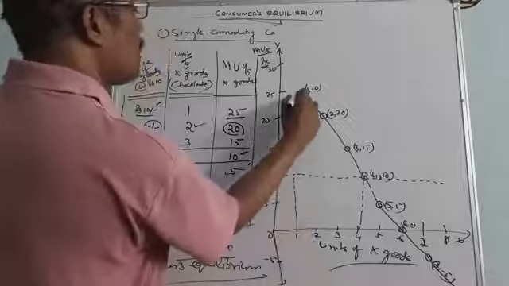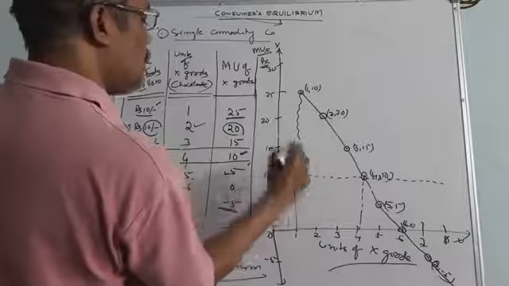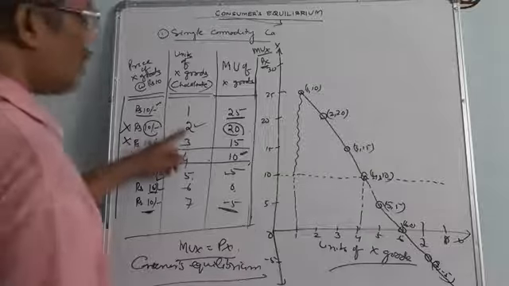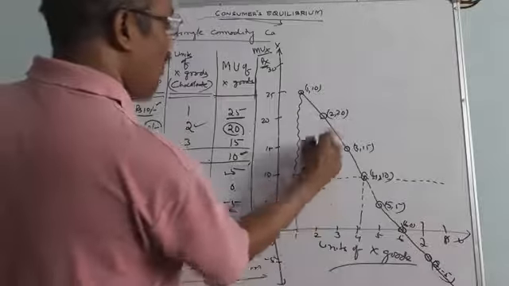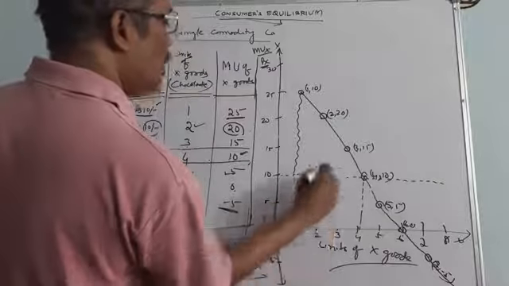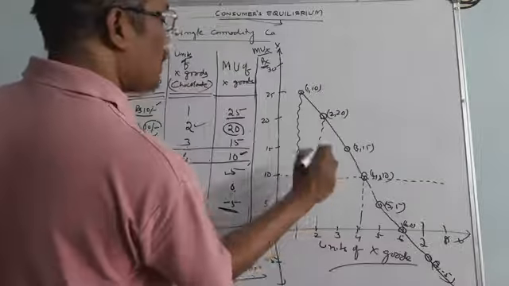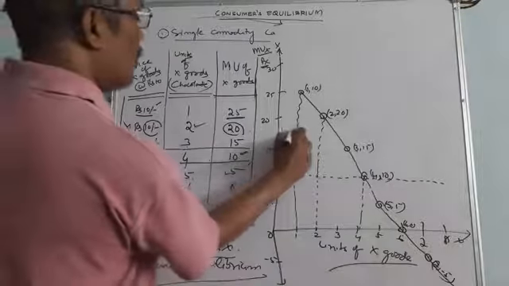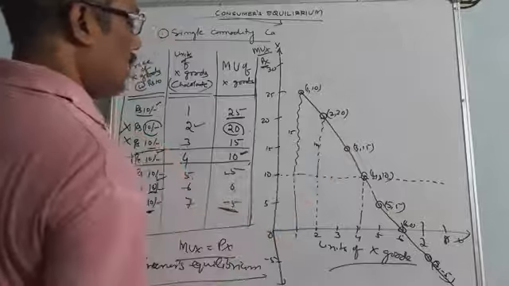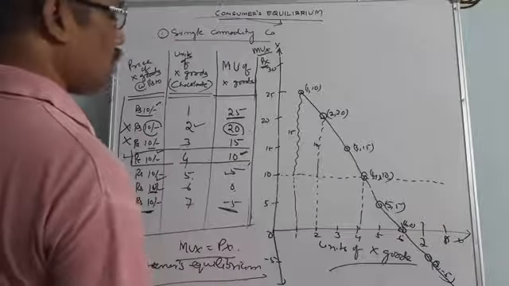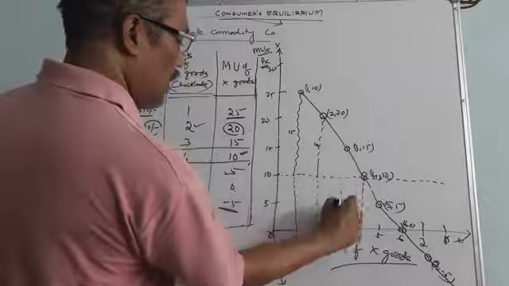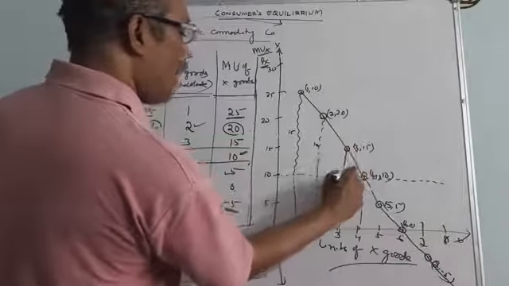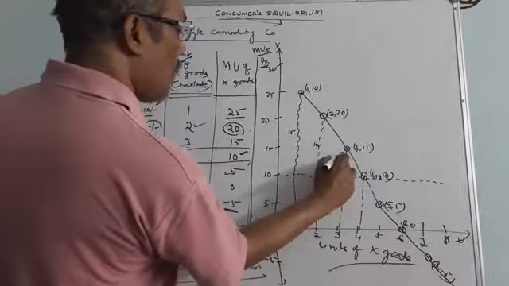In the first case, you pay 10 rupees and this much is the benefit. In the second unit case, you are paying 10 rupees and getting this much benefit. In the third unit case, you are paying 10 rupees and getting more benefits.